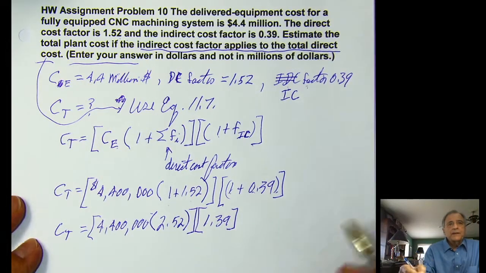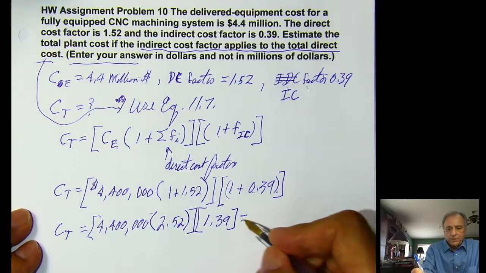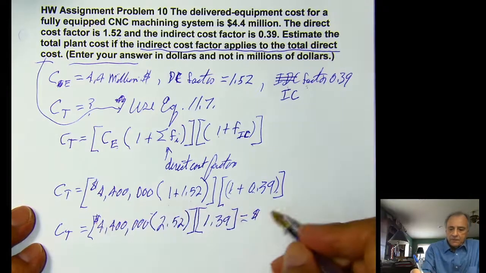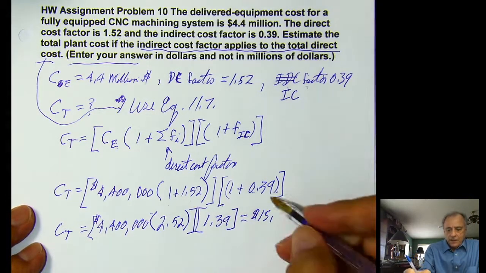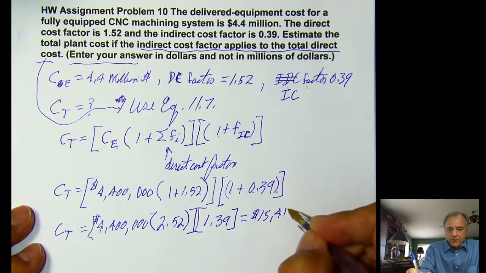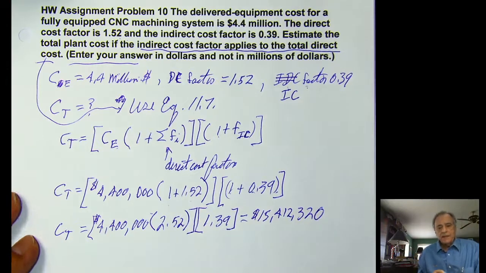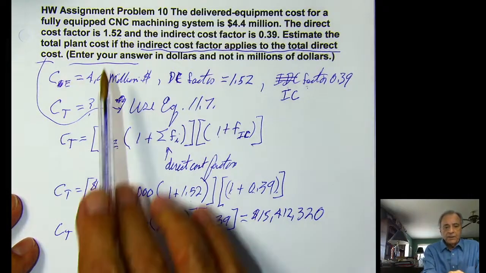When you do all that, you end up with the number of dollars, 15,412,320. So that is the estimated total plant cost when your major equipment costs 4.4 million.